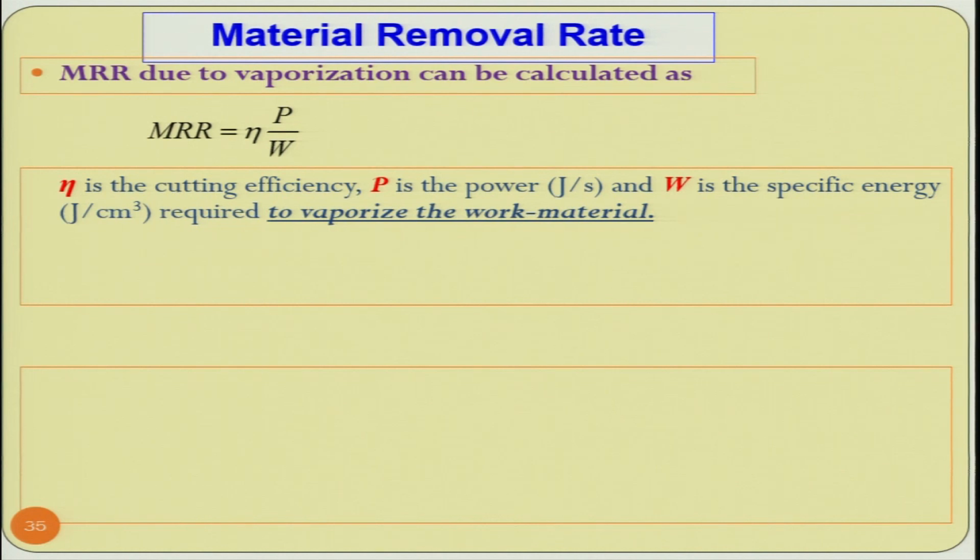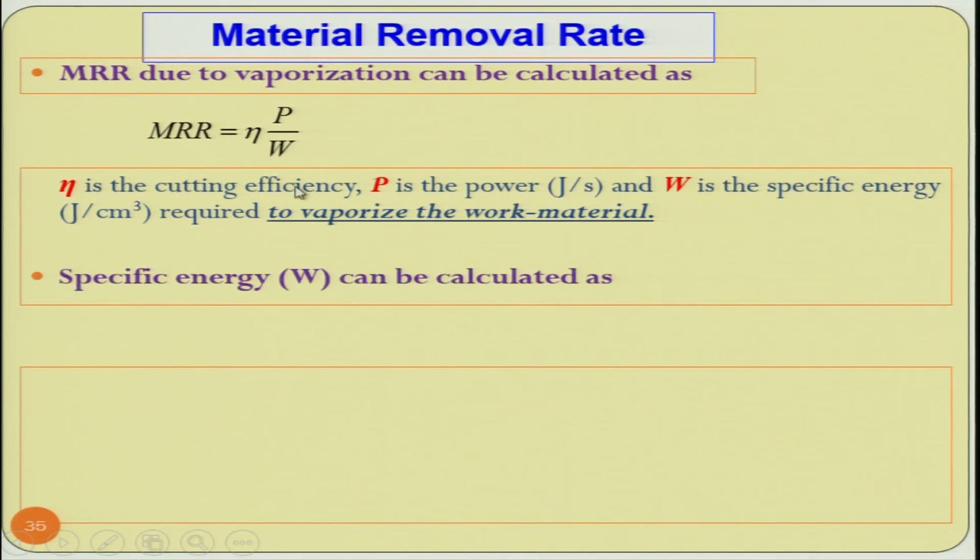See, here the emphasis is being given to the vaporization of the workpiece material. What I want to say is that the main mechanism of material removal is vaporization. So, while calculating material removal rate, vaporization is taken into consideration.